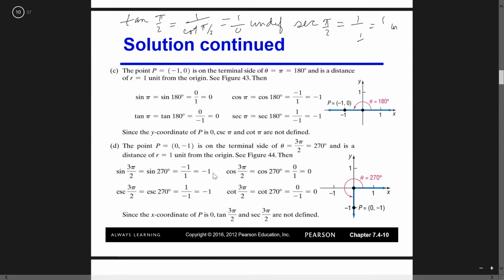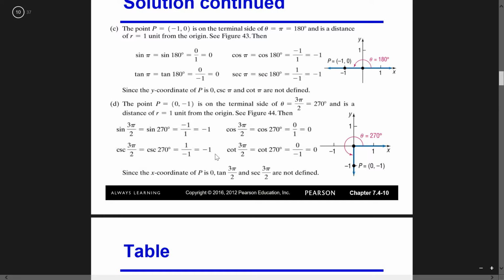Now continuing with these points, let's take the point (-1, 0). And this point would be an angle equal to pi, 180 degrees.